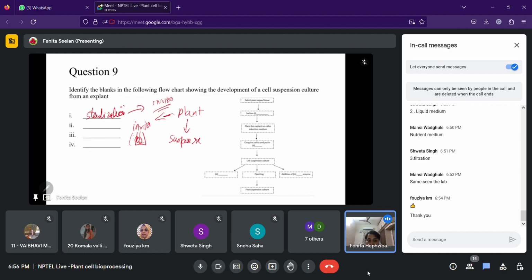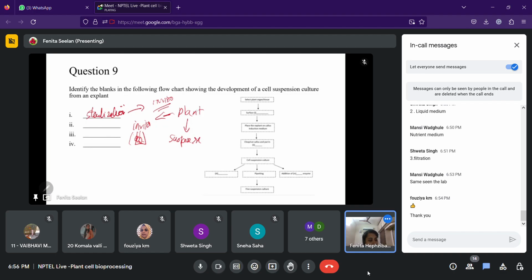Only sterile in vitro developed plants will be used for initiation of callus. There is a possibility of contamination, like you said, but that is not always the case. When you go into a lab setup, you will understand better. If you select an in vitro cultured plant kept in a bottle for induction of callus, you need not surface sterilize it.